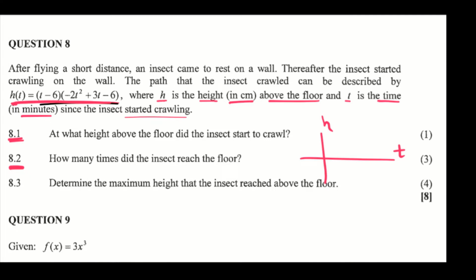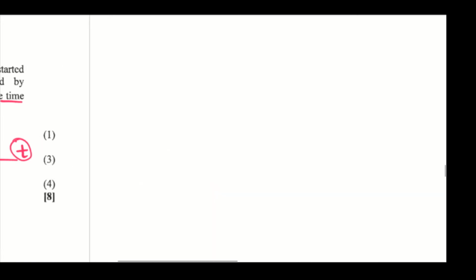So we want to identify how many x intercepts there are, which in this case are your times t. Please note that. We just want to know how many times it touched the floor. So we're going to use our equation, h of t is equal to t minus 6 and minus 2t squared plus 3t minus 6. Let me write it on another page so that you can see clearly.